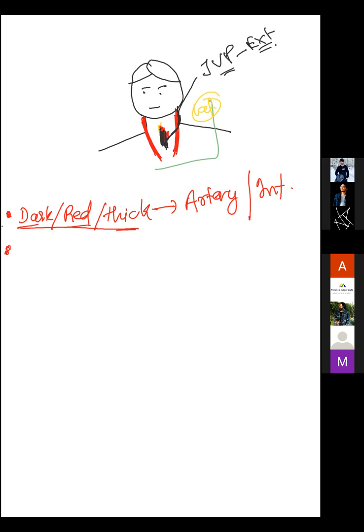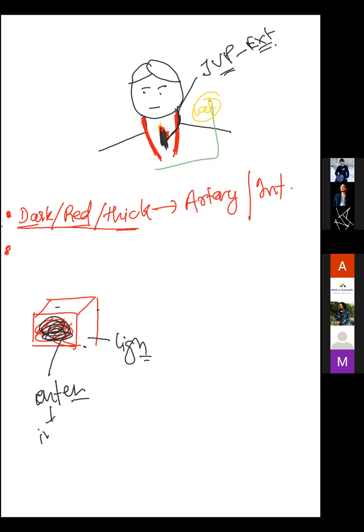Then you play with the choice, like 50-50%. No, whenever there is dark color, how can you remember it? Just remember, inside a room it is always dark when there is no light, no electricity, obviously. So it is going to be dark. When it is outside, suppose it is daytime, it is going to be light. So inside means inner vessel.